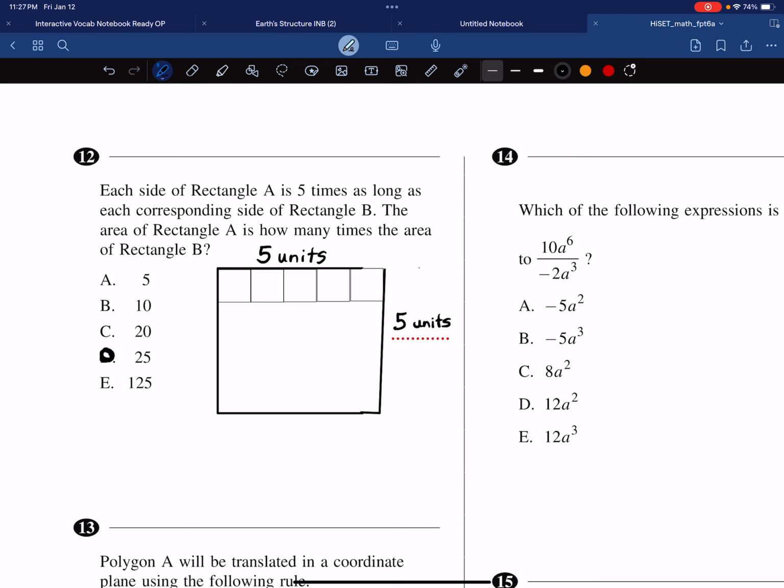It would take 25 of them. So the area of rectangle A is 5 times 5, or 25. It's 25 units as compared to the 1 unit of rectangle B.